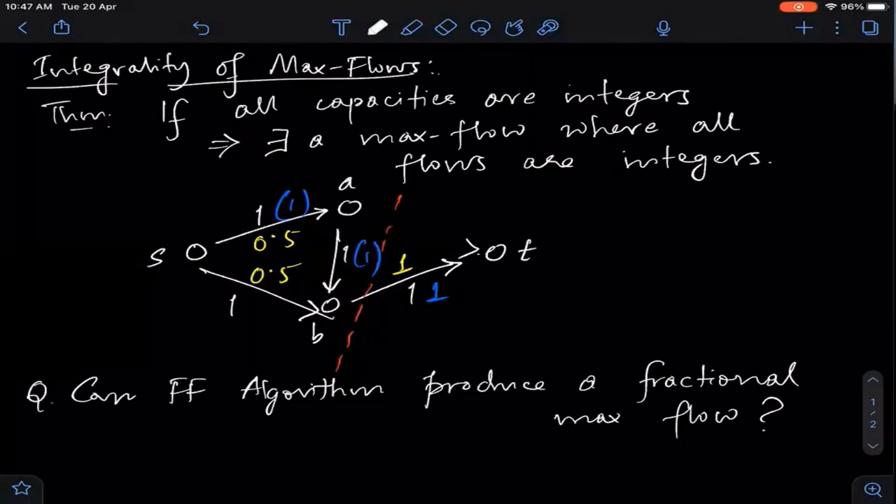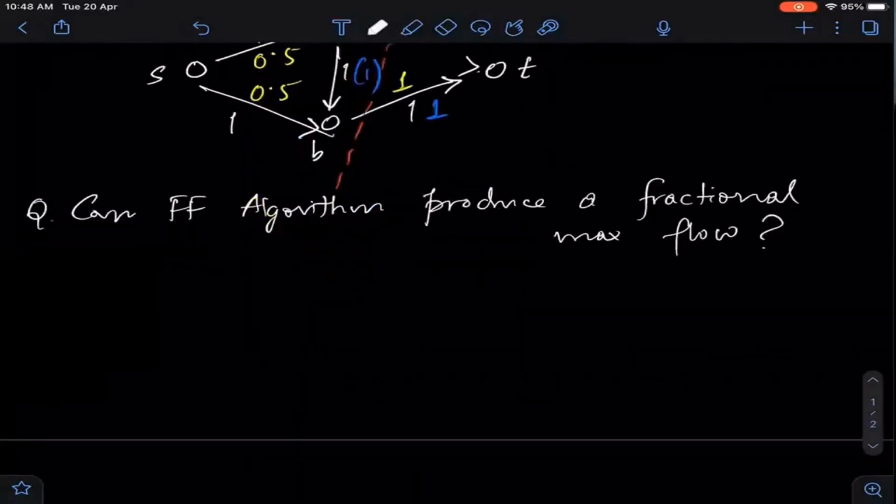This is just a simple inductive argument: because I begin with an integral flow, that is a flow of 0 on every edge, and all my capacities are integers, Ford-Fulkerson always pushes an integral flow in every iteration. Yes. Okay.